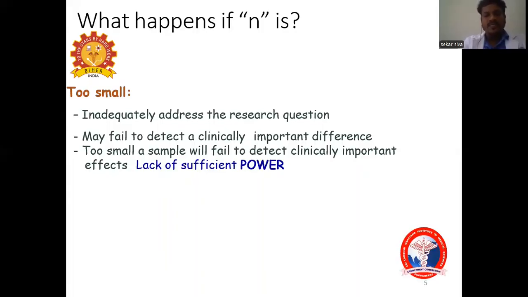So sample size has to be determined appropriately, such that nobody can question whether the result has sufficient power or not. The main objective of determining the sample size is to get realistic results.